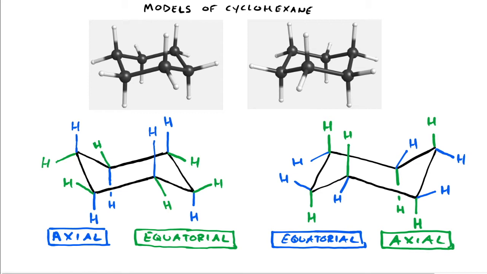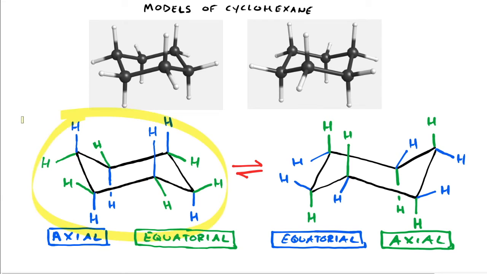It turns out that these two chair structures can interconvert. They are equilibrium structures that can interconvert into each other, and every position that is axial on this structure right here, maybe just put a circle around it.